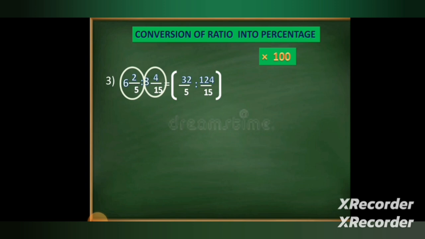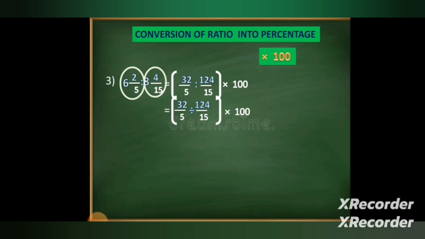And then for what I had used a closed bracket, as I can write multiply by 100 outside the bracket. Okay, fine. Now what I will do? Is to means what? It's nothing but divide. So I will write it as it is 32 upon 5, in place of is to, I will write divide and 124 upon 15 into 100.